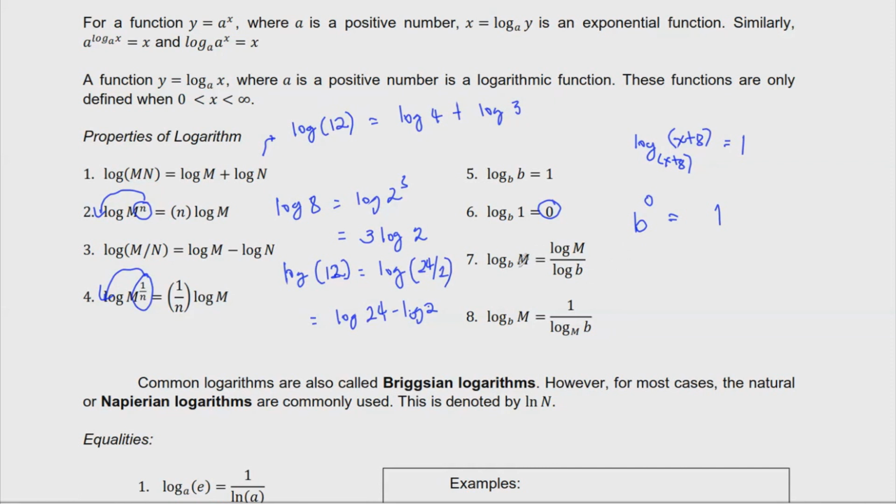Now let's head on to this log of m base b. And this is a very easy expression to remember. You just have to dissect this expression into two. Something like you take the log of m and then divide that by the log of the base.